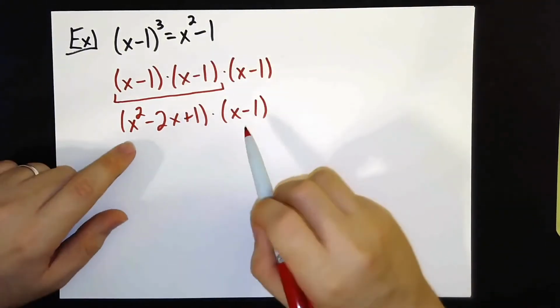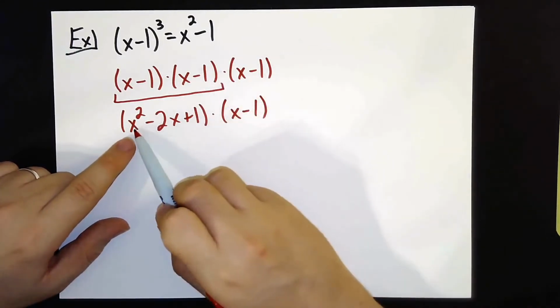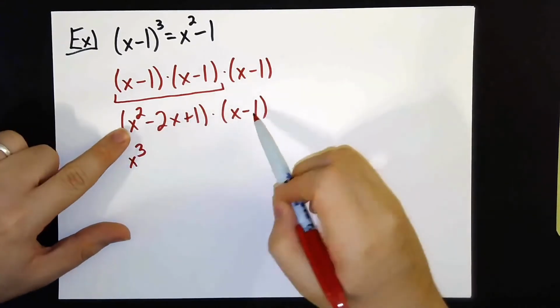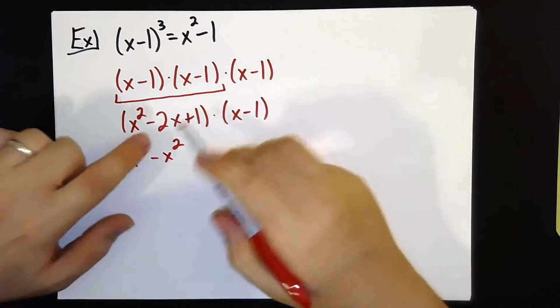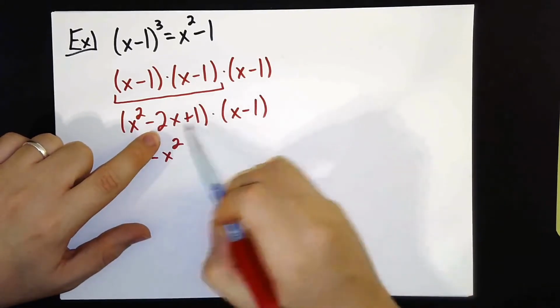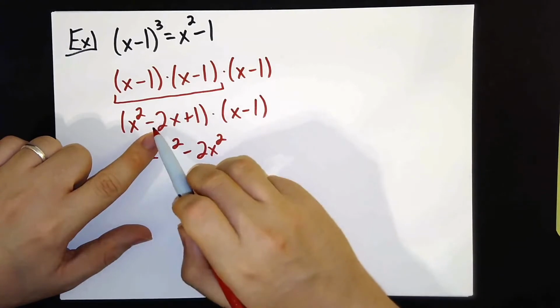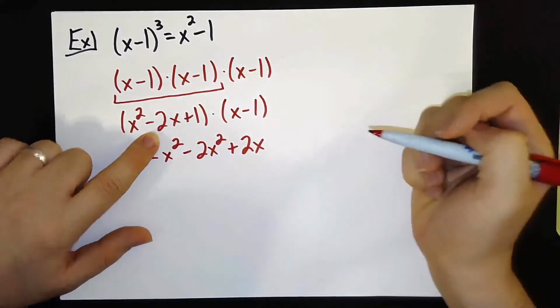And now I will simplify this, which is going to be a little bit messier, but I'll have an x squared times an x. That's x cubed. And then x squared times minus 1, so that's minus x squared. Minus 2x times x, that'll be minus 2x squared. Minus 2x times minus 1, that's plus 2x.